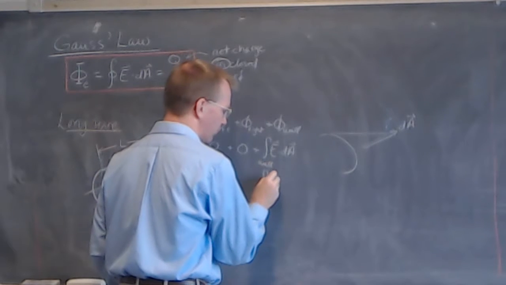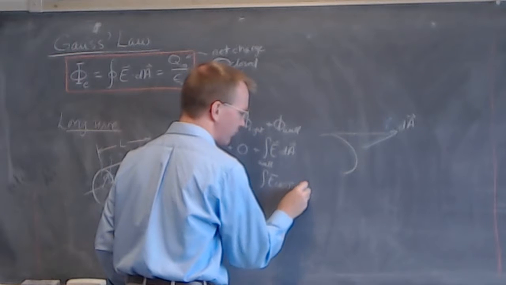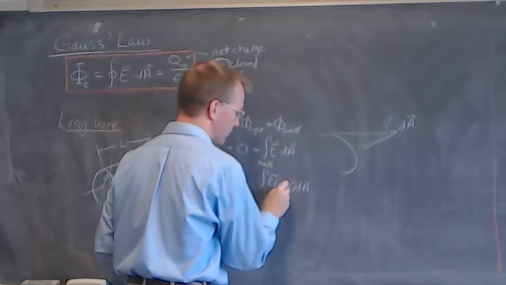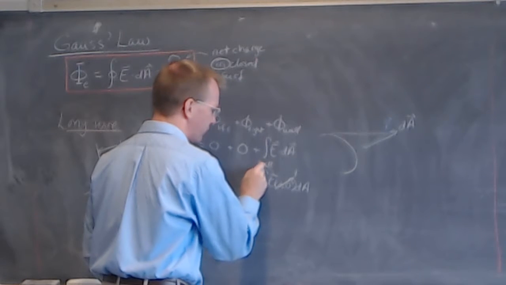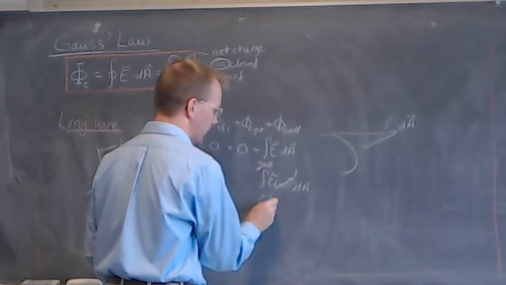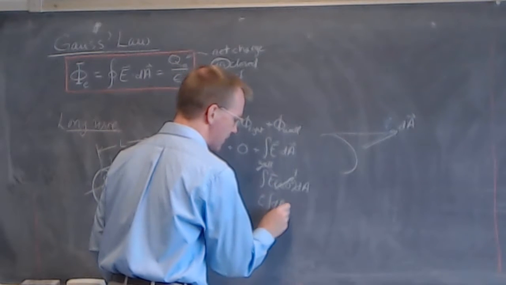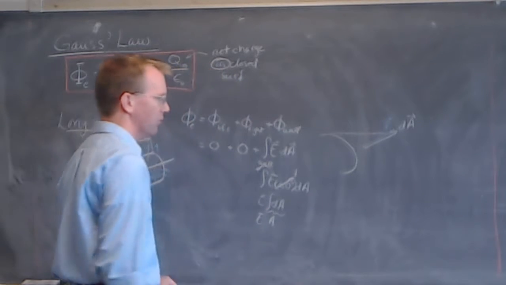So I've got integral of E cosine of 0 degrees dA. And that's just 1. I can move the constant E outside of that then, and I've got E times the integral of dA over the wall, and that's just the area of that wall.